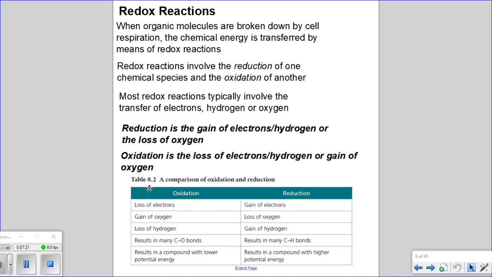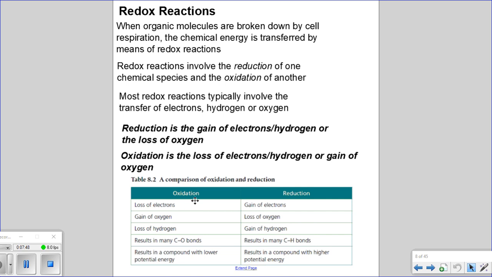And this table here just compares oxidation and reduction reactions. If in oxidation something is losing electrons, there's going to be something that gains those electrons. When they're lost, they don't just go out into space and disappear. Those electrons get transferred over to another chemical or another molecule.